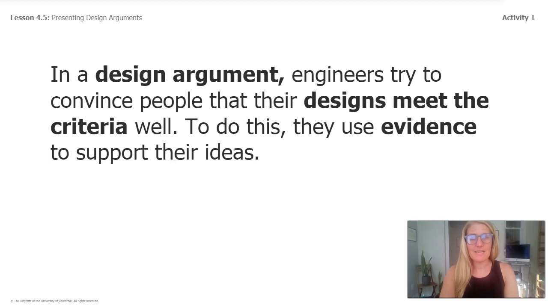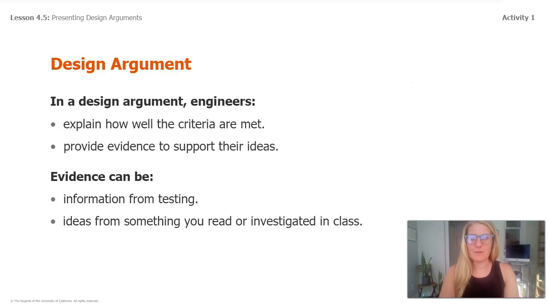To do this, they use evidence to support their ideas. For example, in a design argument, engineers explain how well the criteria are met and provide evidence to support ideas. Evidence can be information from tests that they've run or ideas from something that they read or investigated in class. That would be what you use.